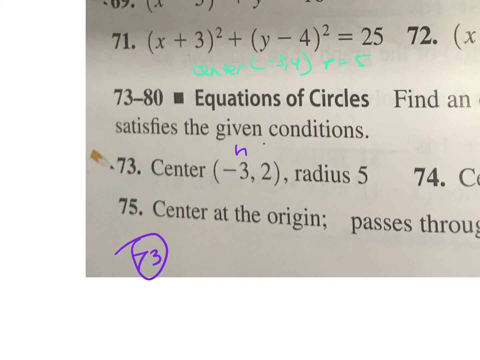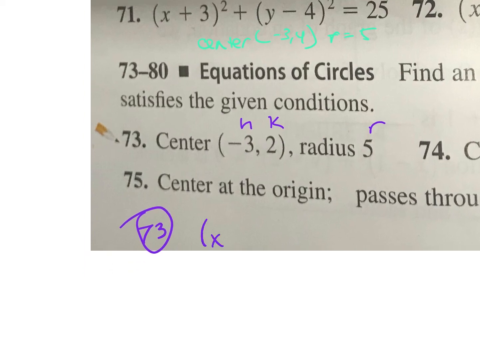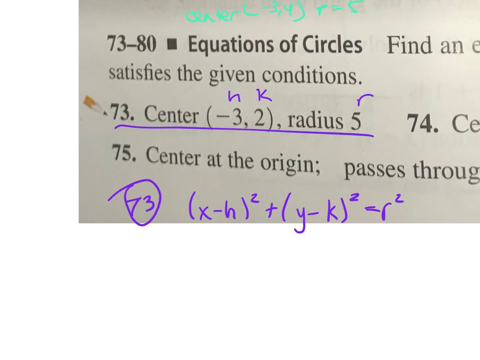Remember, this is my H, this is my K, and this is my R. They want me to write the equation of this circle. Well, x minus h squared plus y minus k squared equals r squared. Given this information in 73, what does the equation of the circle look like? Tell me. X plus 3 squared plus y minus 2 squared equals 25. Perfect. Good job.